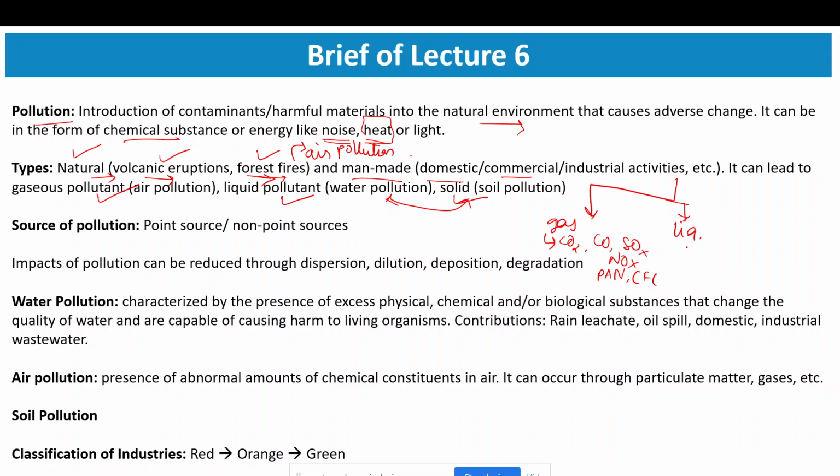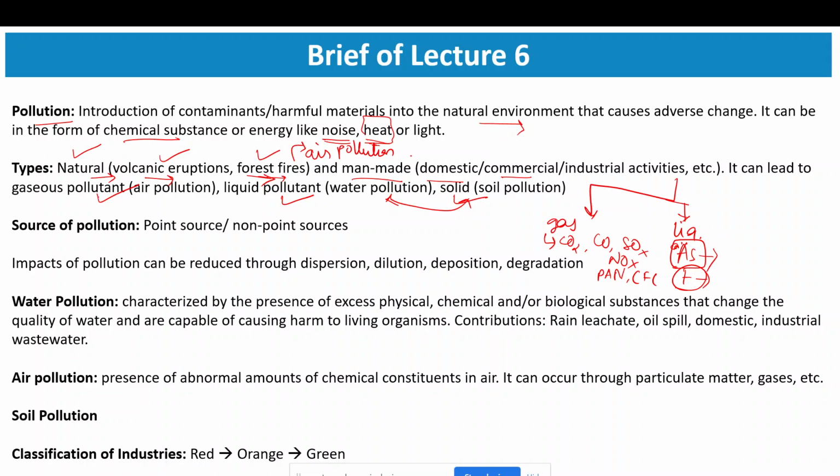Now liquid pollution majorly revolves around water pollution, because if we see, the majority of the portion covered on earth is water. Water pollution can occur in different forms. There are natural pollutants also, like arsenic, which is present in groundwater naturally, and fluorine is also naturally occurring. Now these two are natural pollutants.